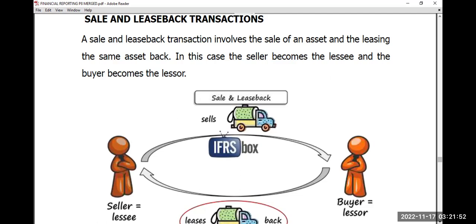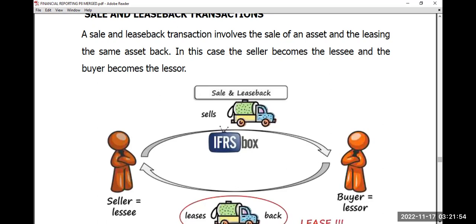And what we are going to be looking at here is how we are going to be accounting for these sale and lease backs. The person who was the lessor is now the lessee, and the person who was the lessee is now becoming the lessor. But there are certain conditions, as we are going to look at.